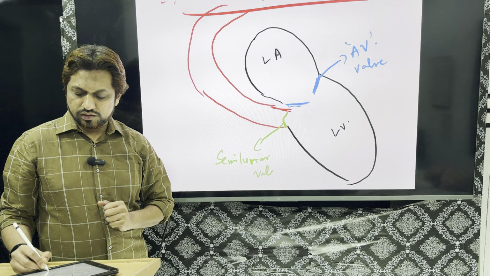This closure of the atrioventricular valves causes the first heart sound. So the first important event is the first heart sound, due to the closure of the atrioventricular valves, and it is denoted by this segment B.